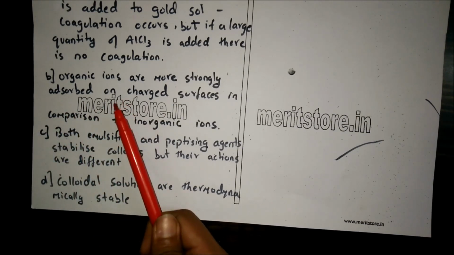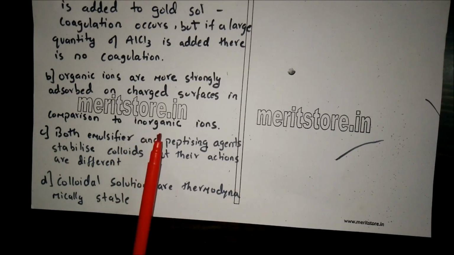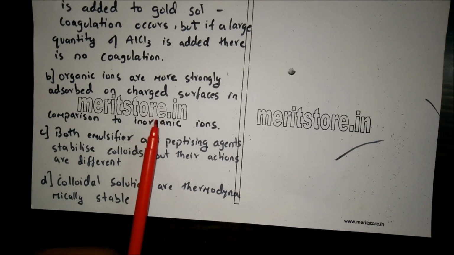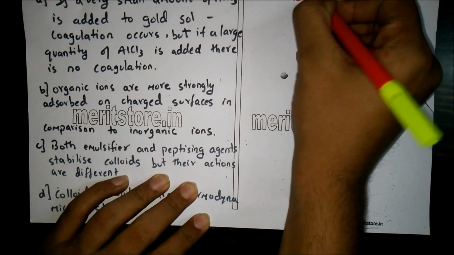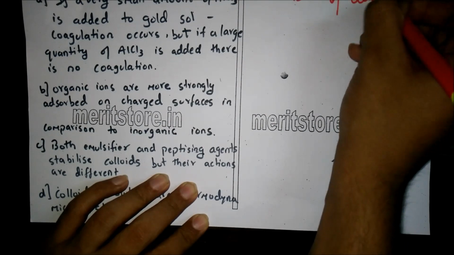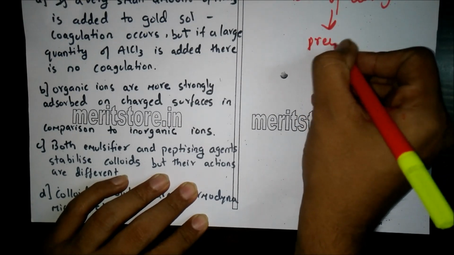In B, organic ions are more strongly adsorbed on charged surfaces in comparison to inorganic ions. This is also a true statement. Now, in option A, when excess of electrolyte is added, the colloid particles are precipitated.